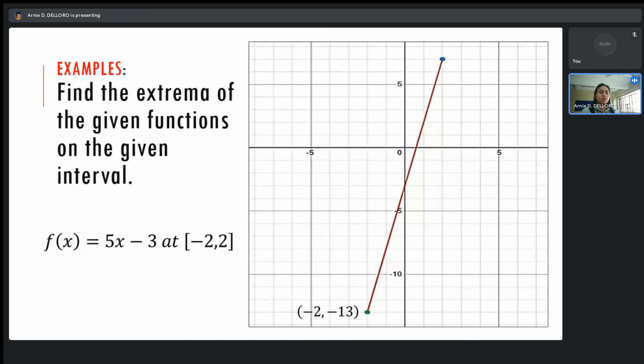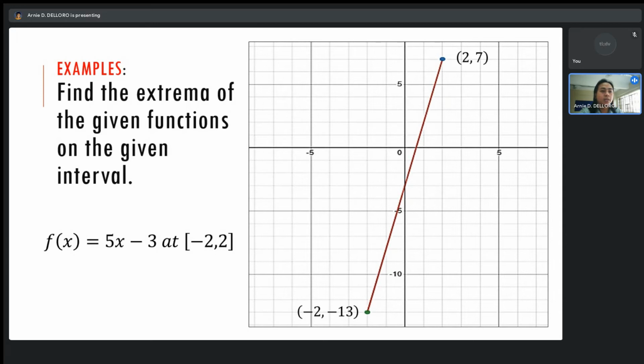Yung critical points na yon, para ma-identify ninyo kung minimum or maximum ba yung nasa point na yon, ang gagawin nyo ay isa-substitute nyo yung critical point na nahanap ninyo doon sa original na function. Second, at x equals positive 2, the value of the function is 7.